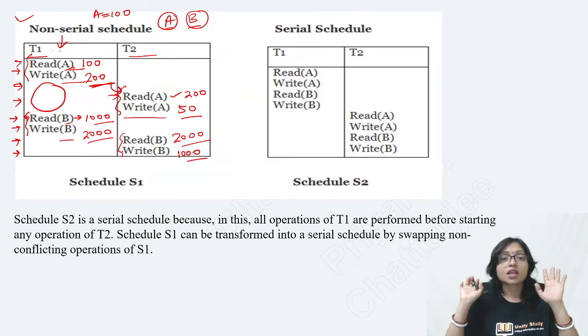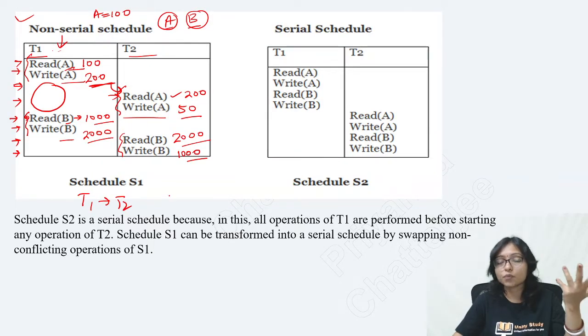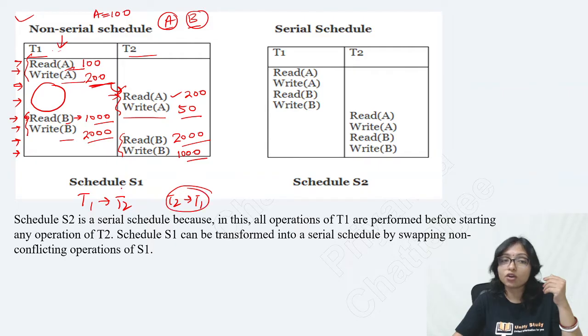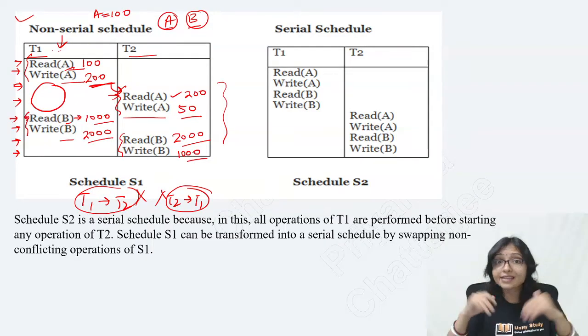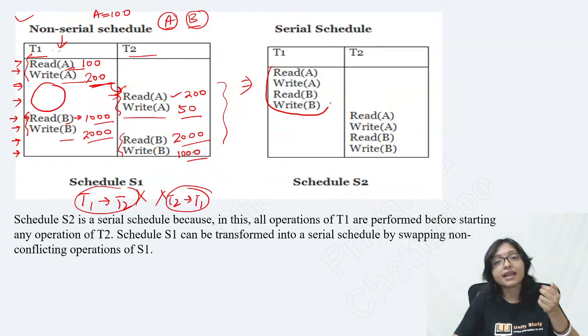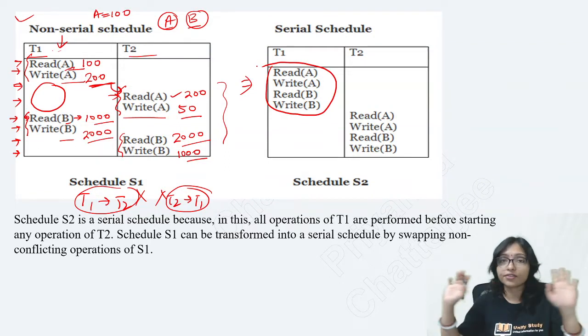Can you write that T1 will complete, then T2 is completing? No. T2 completing, then T1? No. Neither of them we can write here because it is a mix-up. But the same thing, if I write this way, let T1 complete everything.